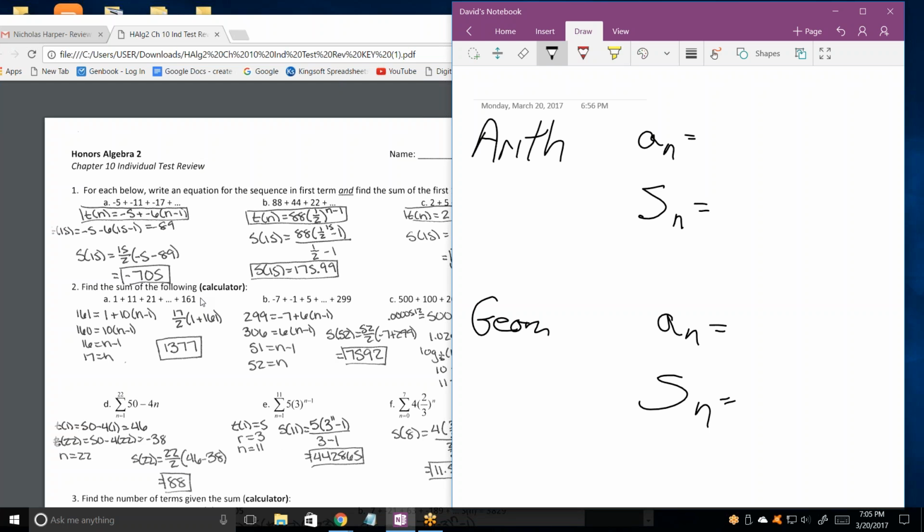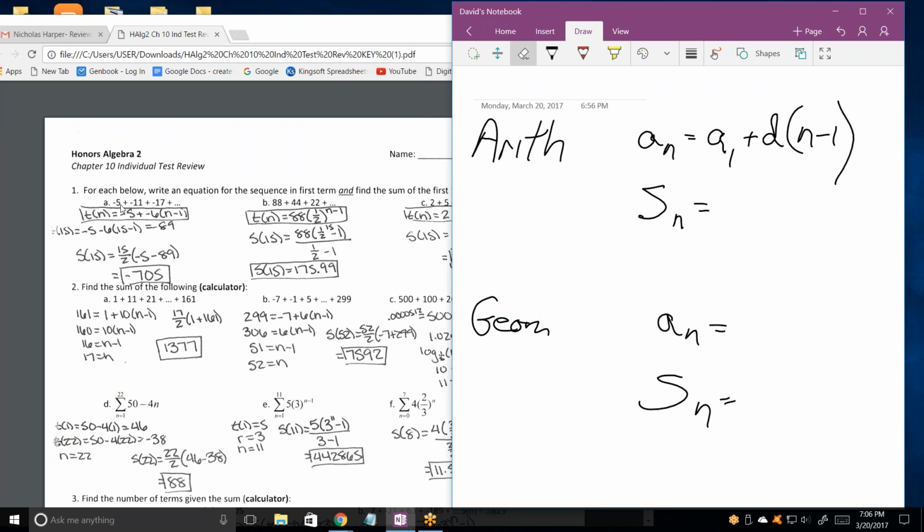When I say the general formula, I mean it's always equal to the first term, a sub 1, plus the common difference times n minus 1. This works for any arithmetic sequence, including the one we're looking at here.